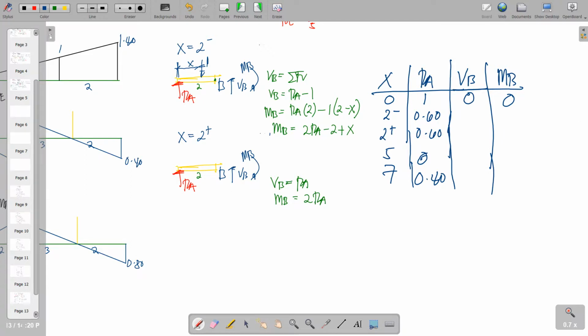And then shear at B at 2 minus, we'll use this equation. RA is 0.6. 0.6 minus 1 is actually negative 0.4. And at 2 plus, VB is equal to RA, and RA at this 2 plus is 0.6. So we have 0.6.